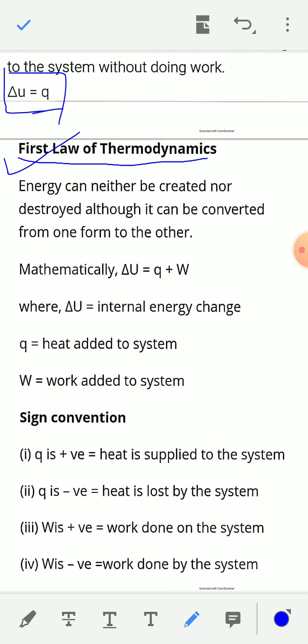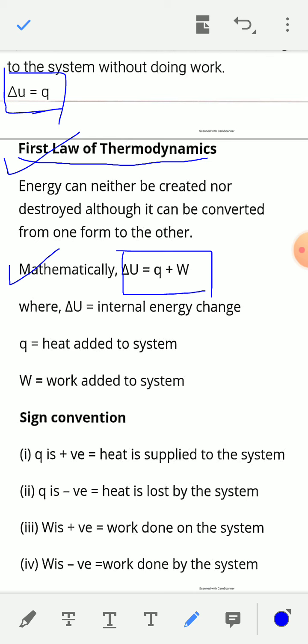And the mathematical expression of first law of thermodynamics is delta U is equal to Q plus W. Suppose initial internal energy of a system is U1 and final internal energy is U2. Then change in internal energy delta U is equal to U2 minus U1. Suppose you have supplied Q amount of heat to the system, and you have also done W amount of work on the system.